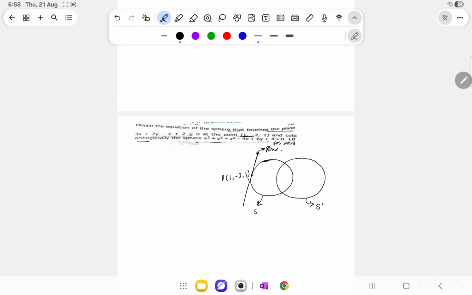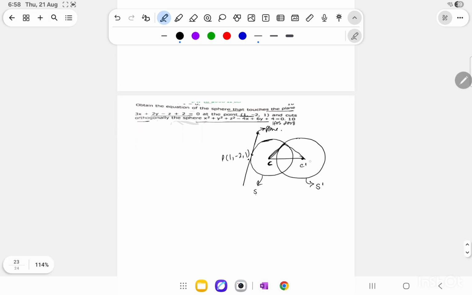This is a repeated question, so what we can do is, if C is the center of this sphere and C dash is the center of the other, these two spheres cut each other orthogonally. Since the equation of sphere S dash is already given to me, I can find its center and radius.